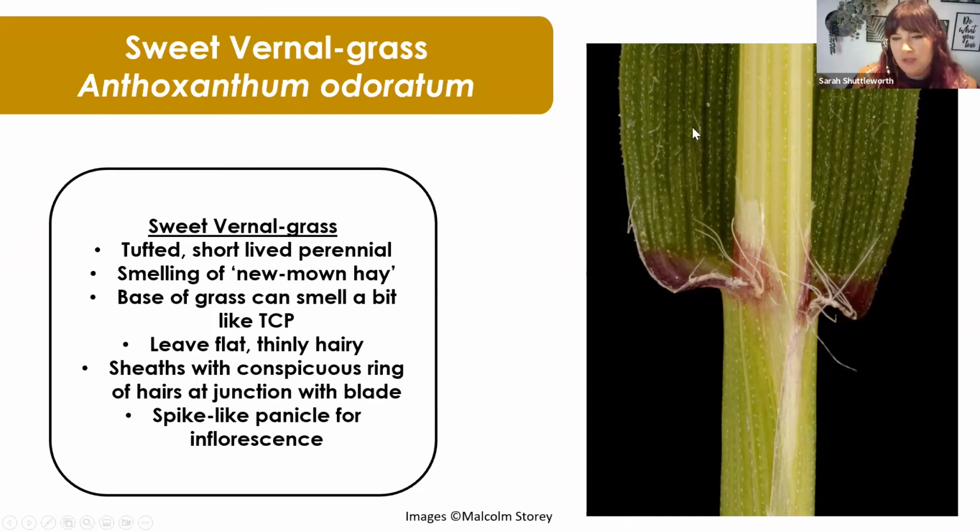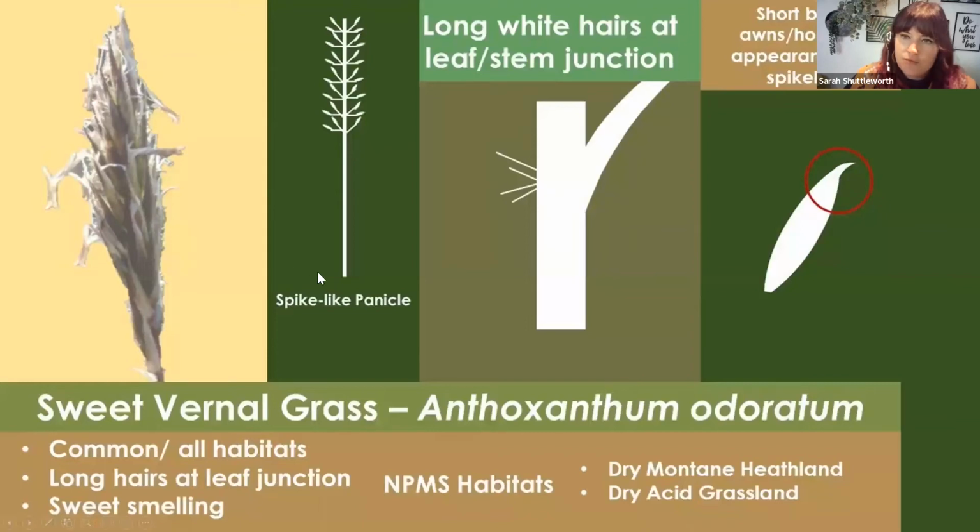And you can also see on this image the sparsely hairy nature of the leaf blades themselves. So just to round off, we've got a spike-like panicle. We've got those long white hairs at the leaf stem junction. Also, interestingly, there's an extremely short awn, which gives a hooked appearance on the spikelet. So when you pull those apart, that's how it looks. And you can see it's also in dry montane heathland as well.